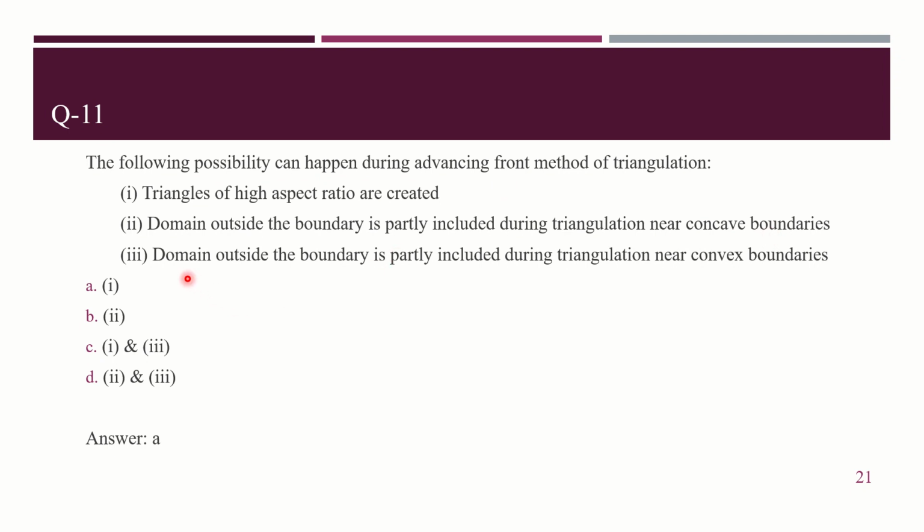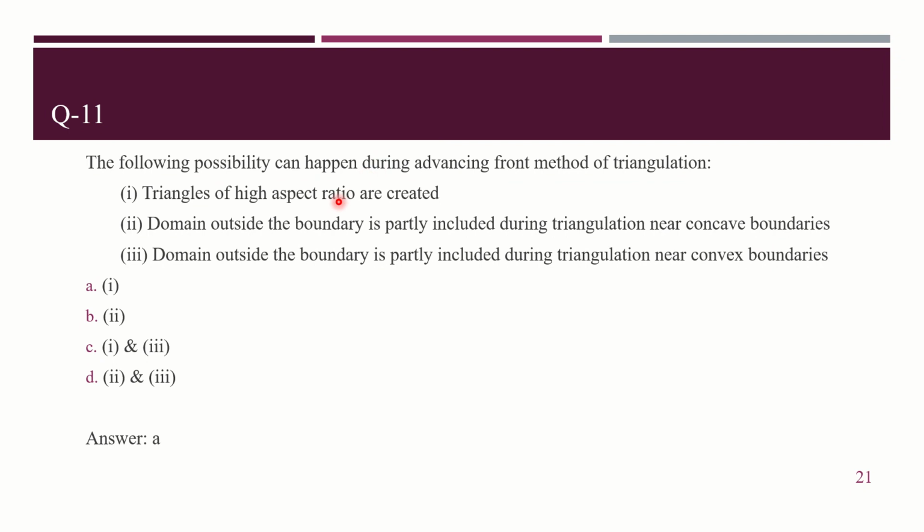And third one, domain outside boundary is partly included during triangulation near convex boundaries. So here we are not including any domain outside the boundary when we are doing the triangulation for concave boundaries or convex boundaries. Rather, in advancing front method of triangulation, aspect ratio is high.